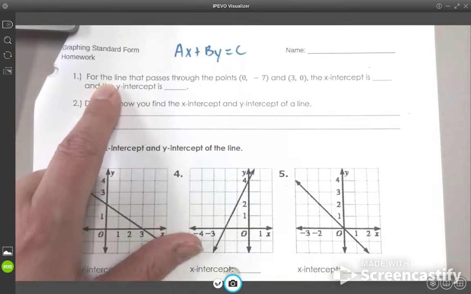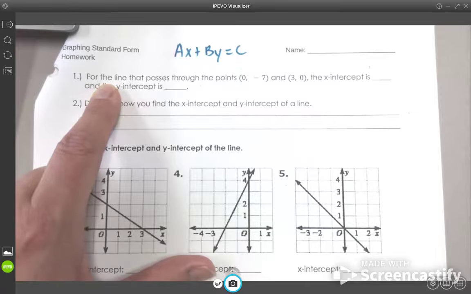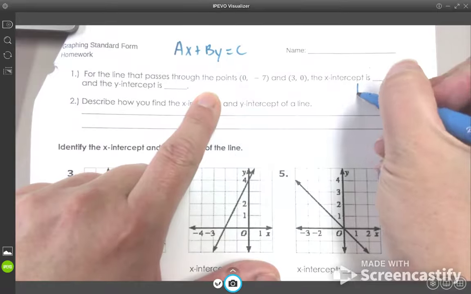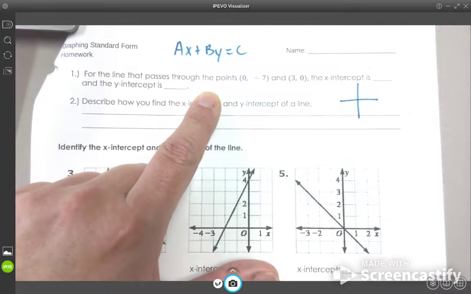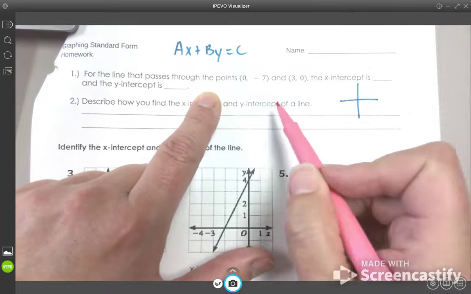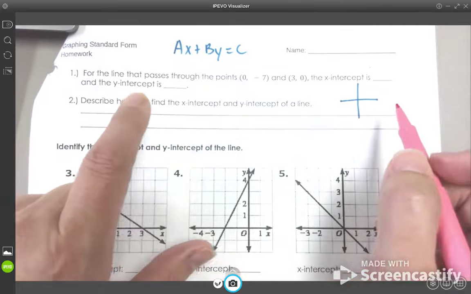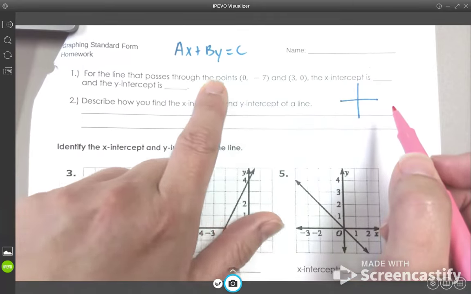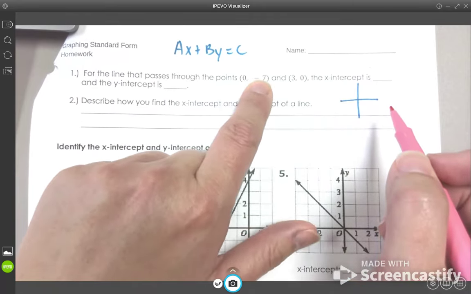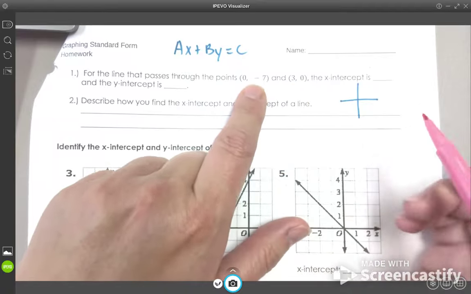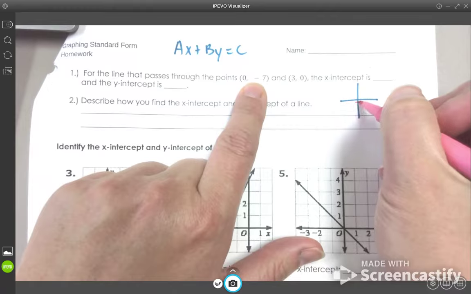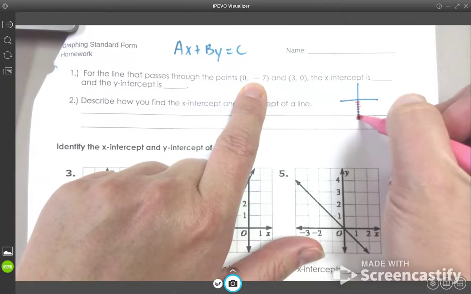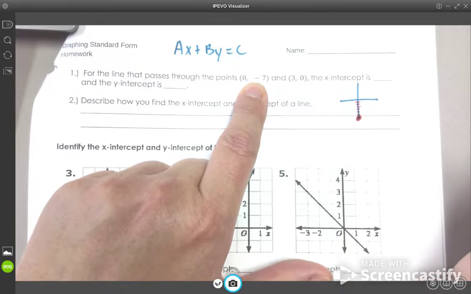I'm using number 1 just to give you a quick visual. If you sketch a little mini coordinate grid right here, and you look at what happens with these two ordered pairs, for a line that passes through the points (0, -7) and (3, 0). So look at this. Over 0, down 7. I'm going to say it's about right there. I don't know if I counted exactly, but it's on the y-axis.